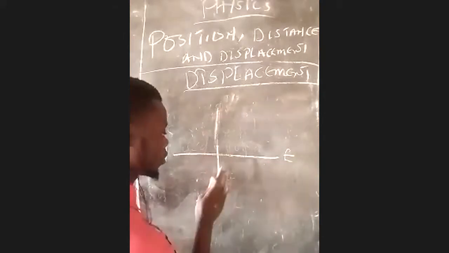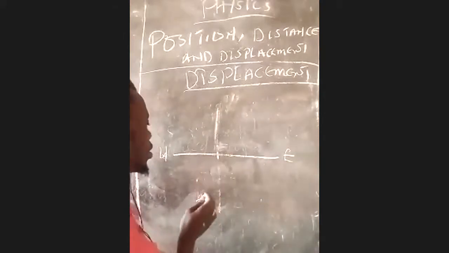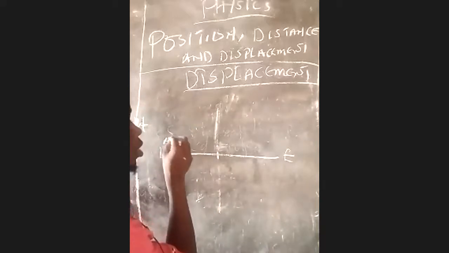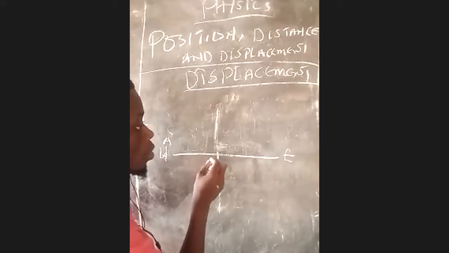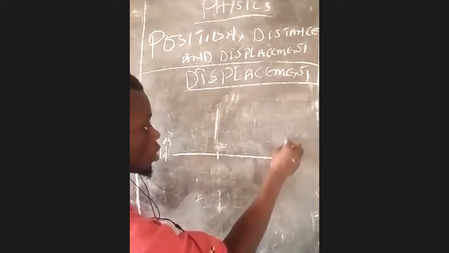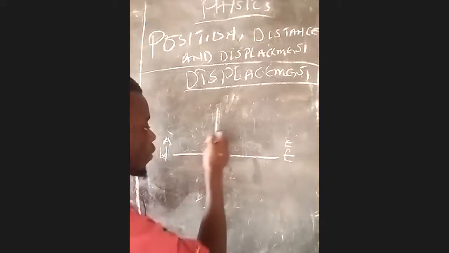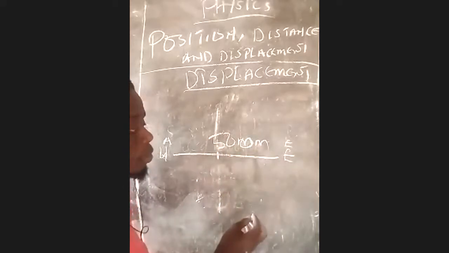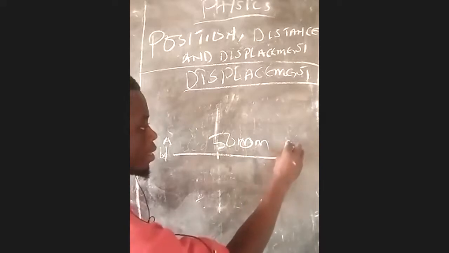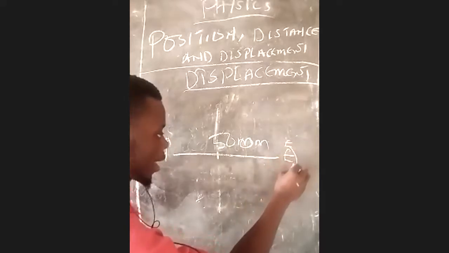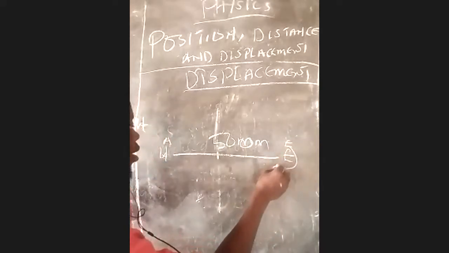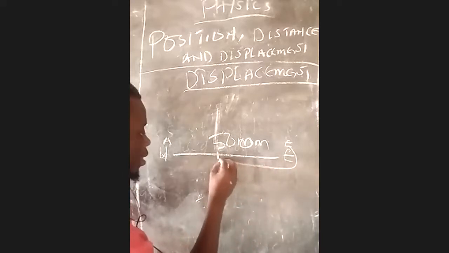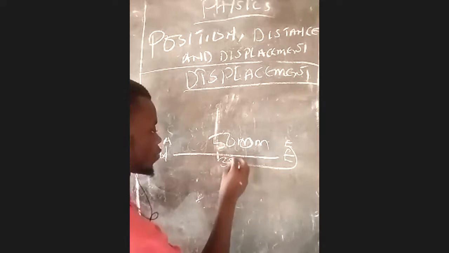Let's say the body travels from west to east, 500 meters. And the body turned back again to travel back to west, 300 meters.